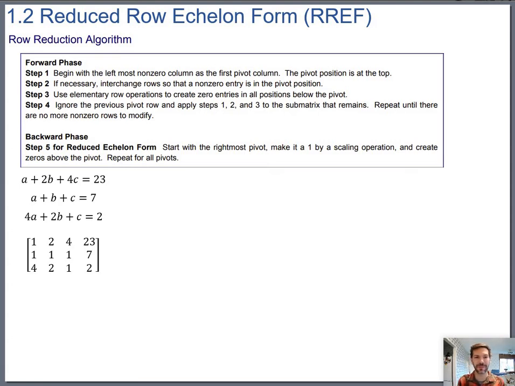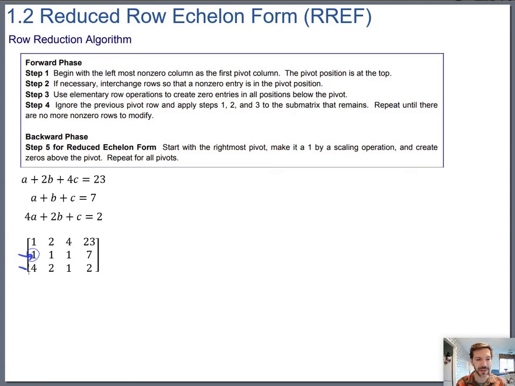And this is where the forward phase, steps 1, 2, and 3, come in. We will want to try to put a 0 in that spot right there as our first step. And we'll probably do that by adding -1 of the first row to the second row, which will clear out this spot and it will change the other spots somewhat.